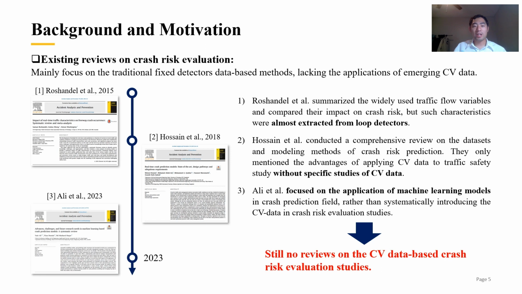In 2018, Hassan and others conducted a comprehensive review on the datasets and modeling methods of existing crash risk predictions, but they only mentioned the advantages of applying CV data, and didn't mention specific studies of CV data.